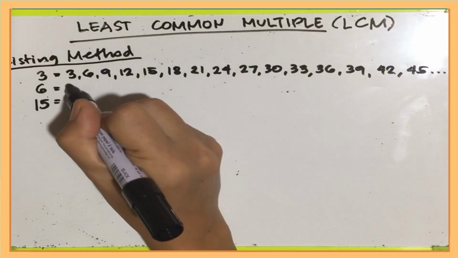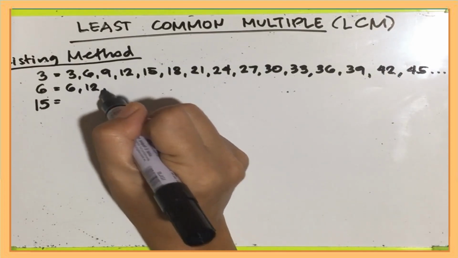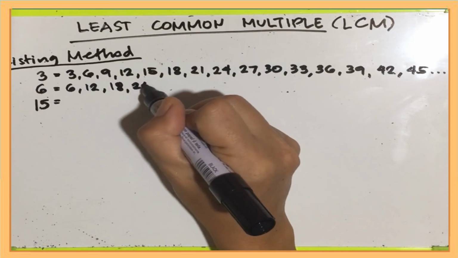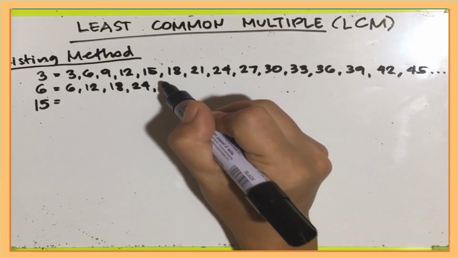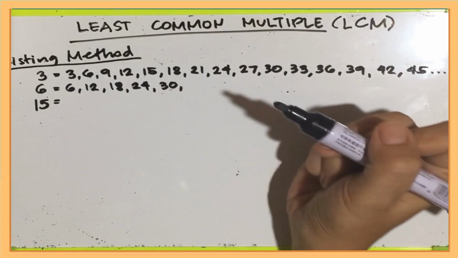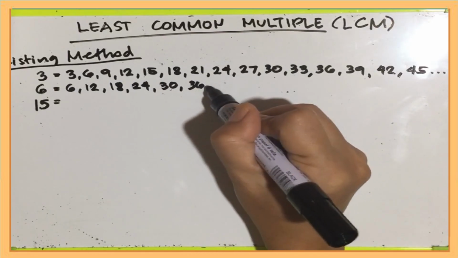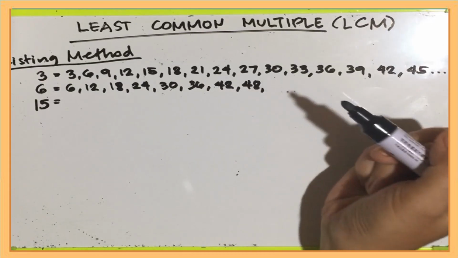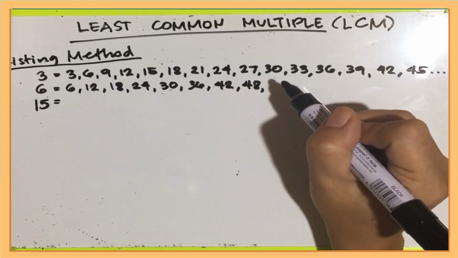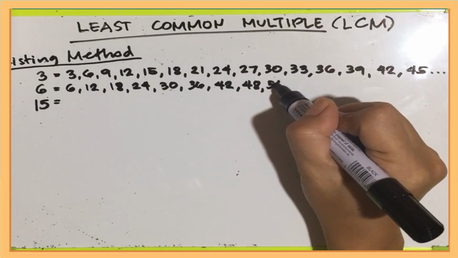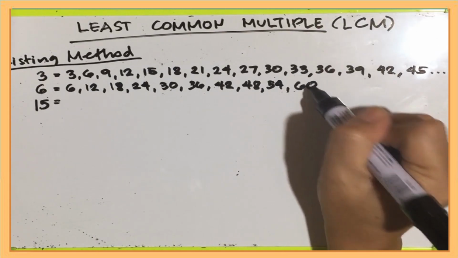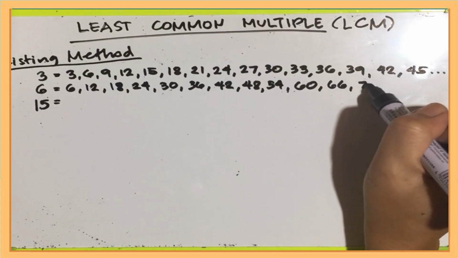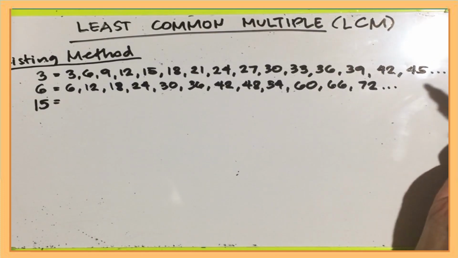For 6, we have 6, 12, 18, 24, 30, 36, 42, 48, 54, 60, 66, 72, and so on.